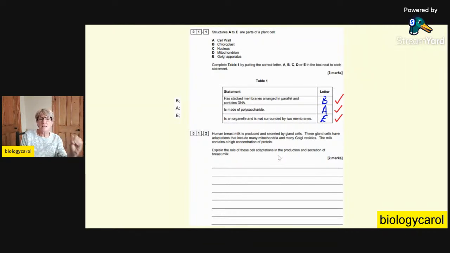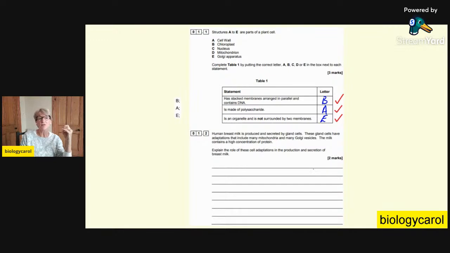So these gland cells are the things that are producing the milk. So we're assuming that the vesicles, notice that we're talking about Golgi vesicles, not the Golgi apparatus itself. So here we're talking about those vesicles that come off the Golgi apparatus.